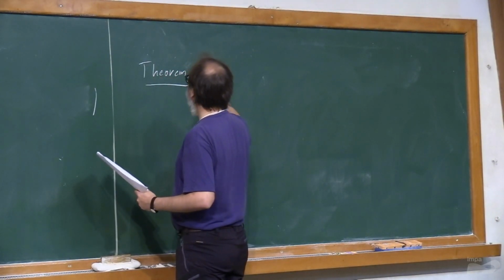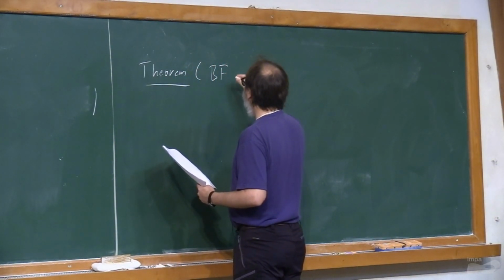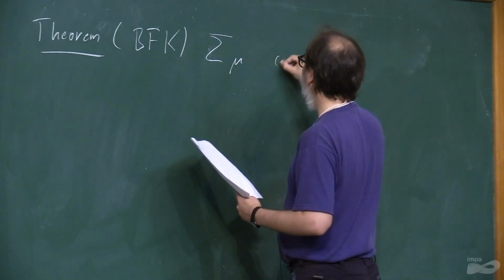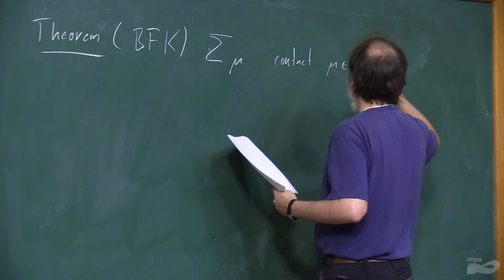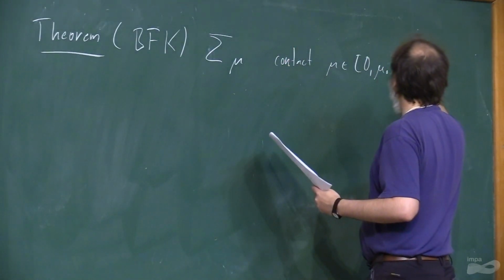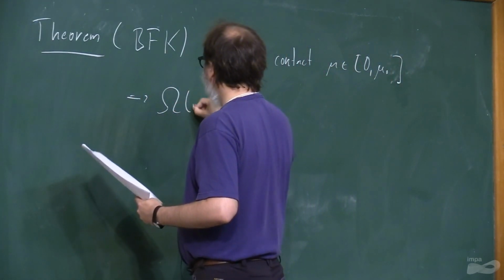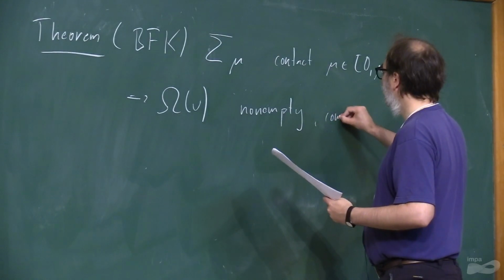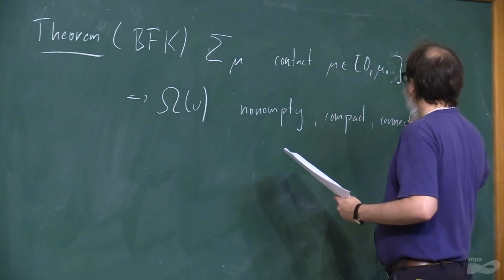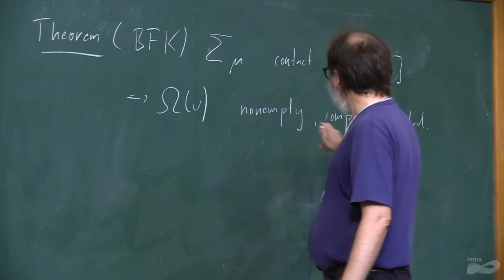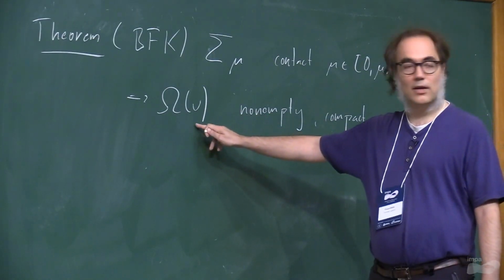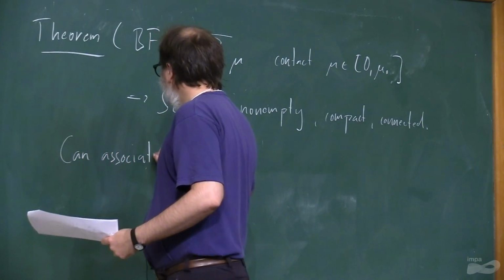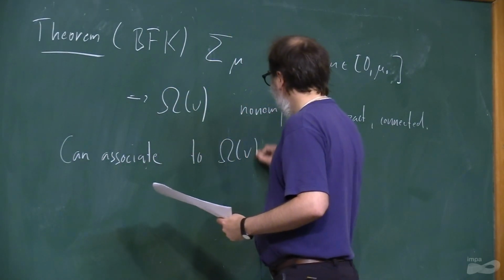So the theorem of Bruno and van Koert is: if Sigma mu is contact for mu in [0, mu 0), then this omega v is non-empty, compact, connected, and using this one can then associate to omega v a local Floer homology.